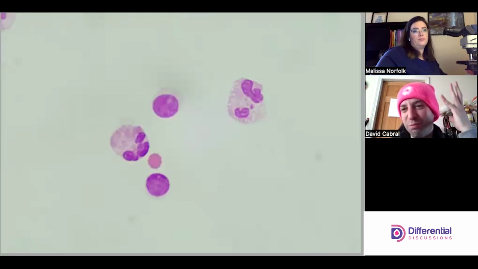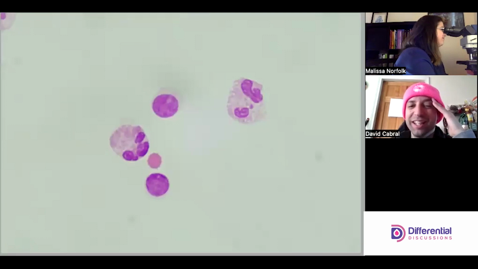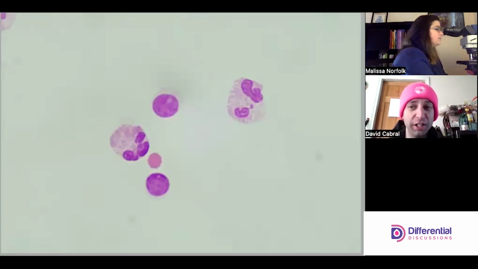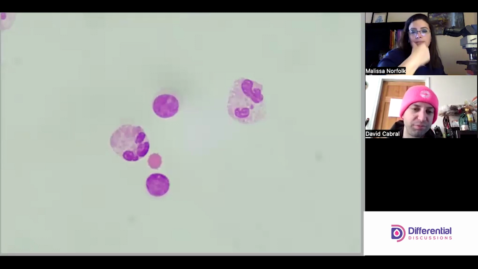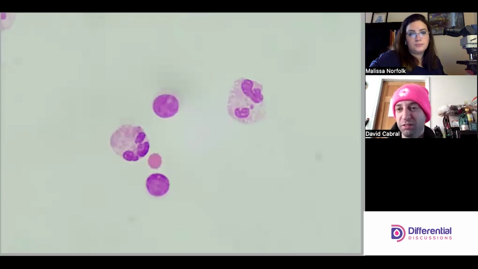Generally these neutrophils look quite good for body fluid neutrophils. That's kind of an experience thing. Here's a single red cell, two lymphs, where you can actually see the cytoplasm, and then two neutrophils.